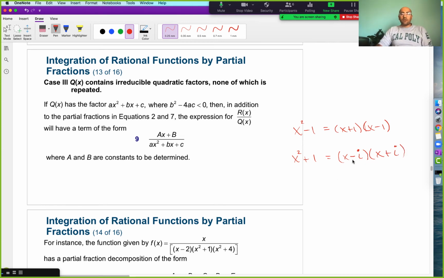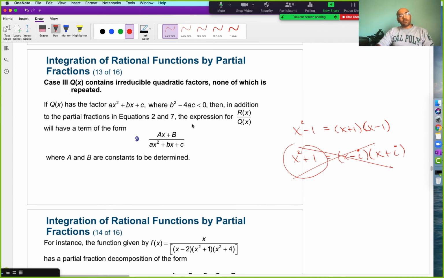Okay, so we want to stay away from the imaginaries for now, so we don't want to worry about that now. So for us, if we run into a quadratic that can only factor by going into the imaginary world, then we leave it alone. So this is an irreducible quadratic. It cannot factor any further unless you allow the possibility of imaginaries, and we don't want to do that.